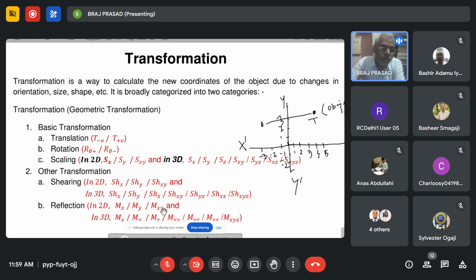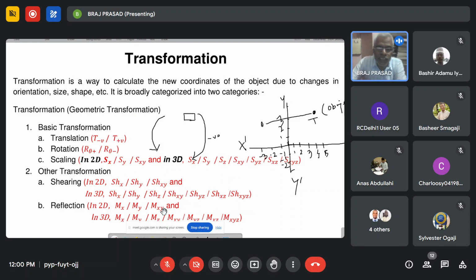Similarly, if we rotate the object, suppose it is our object, then this object can be rotated in a clockwise direction, or it can also be rotated in an anti-clockwise direction. If we rotate it in clockwise, then it is called negative rotation.